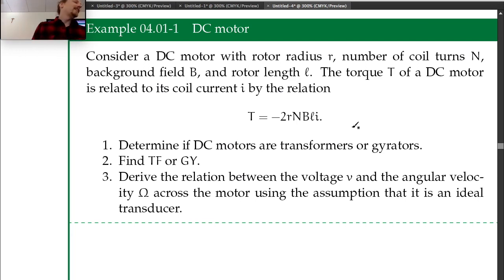I realize that we spent a lot of time actually using the equations and applying them to problems. So I'm trying to slow down in this lecture and talk about, say you have some physical system and you're trying to model it as a two-port element. How would you go about doing that?